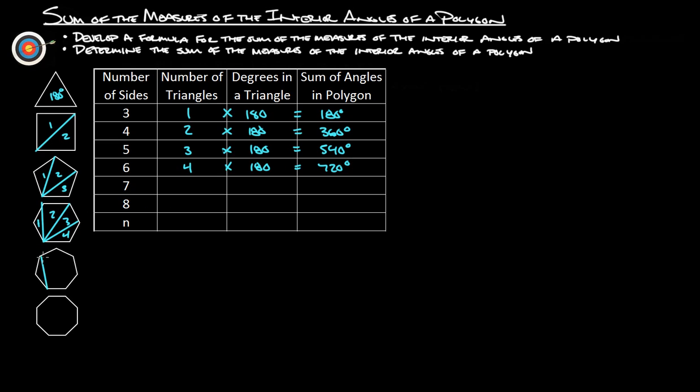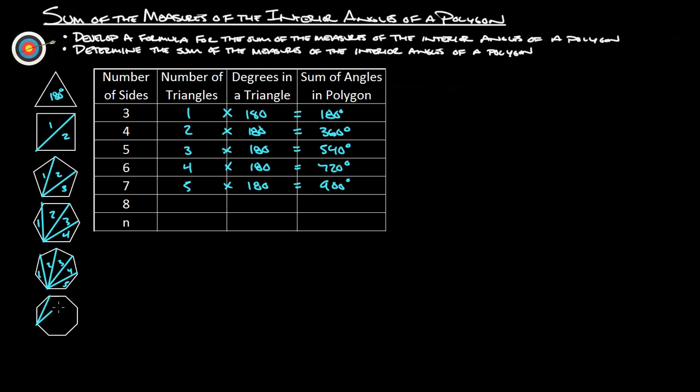For 7 sides, we can make 1, 2, 3, 4, and 5 triangles. So that's 5 triangles times 180, which is 900 degrees.